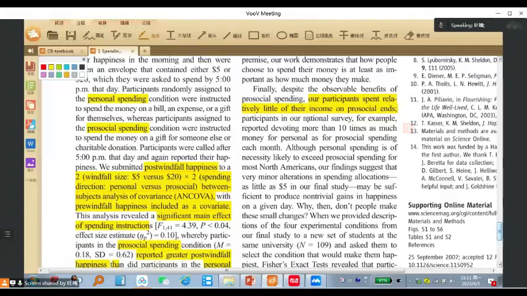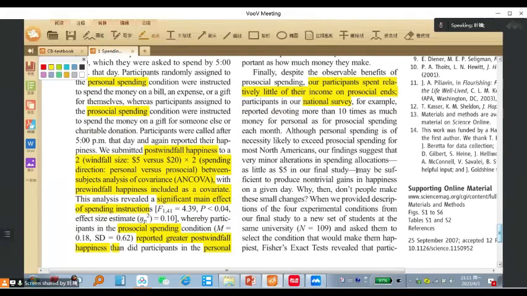Participants in our national survey reported spending more than 10 times as much money on personal as on social spending. Findings suggest very minor alterations in spending allocations may be sufficient to produce non-trivial gains in happiness.